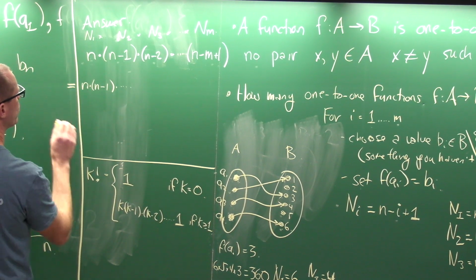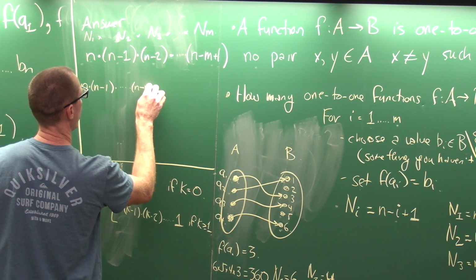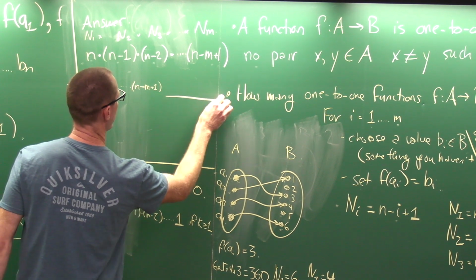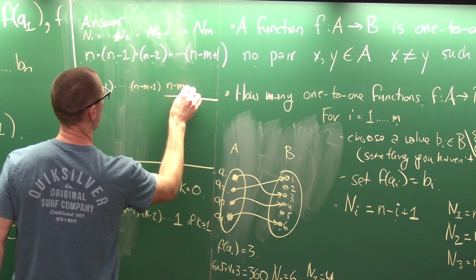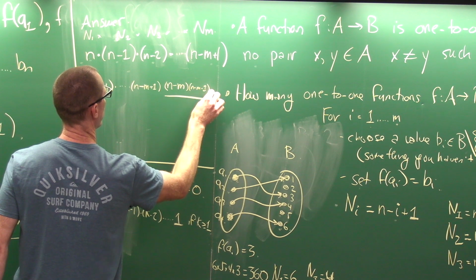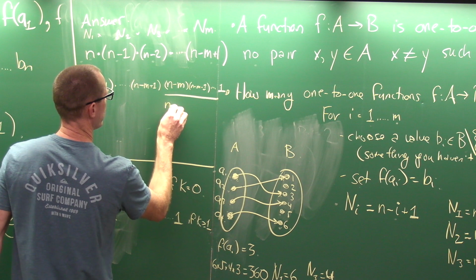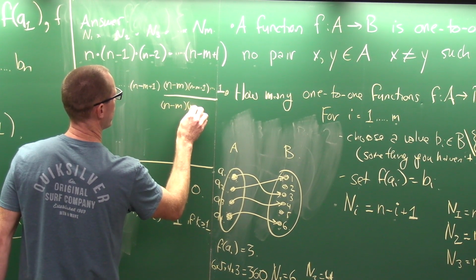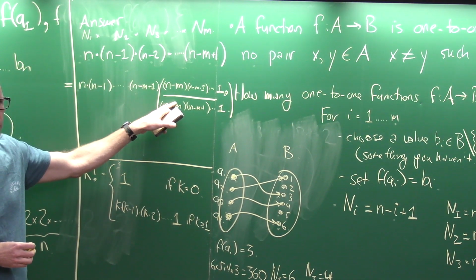So that thing is equal to, you go to n minus m plus 1, and then keep going, n minus m, n minus m minus 1, all the way down to 1, and you do the same thing on the bottom. All I did was take the thing on top and multiply it by 1.